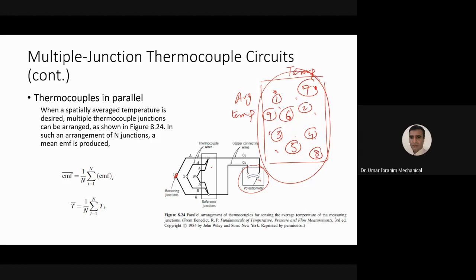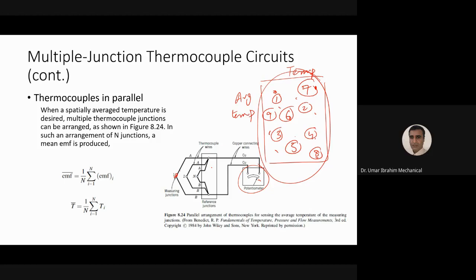For that, we can either use the equation of thermocouple, polynomial equation of a thermocouple, or we can use the thermocouple table. But then we found out that the thermocouple table is only for a reference temperature of 0 degrees C, and if your thermocouple reference temperature is other than 0 degrees C, then we followed a procedure to use third law of thermocouple or law of intermediate temperatures of thermocouple to use the 0 degree C reference temperature table for any reference temperature value.